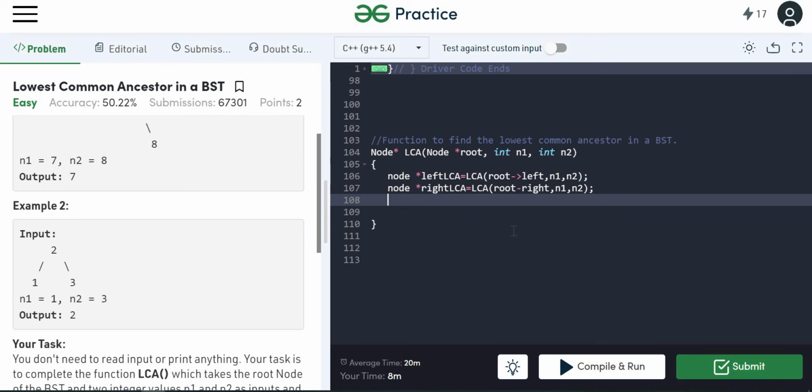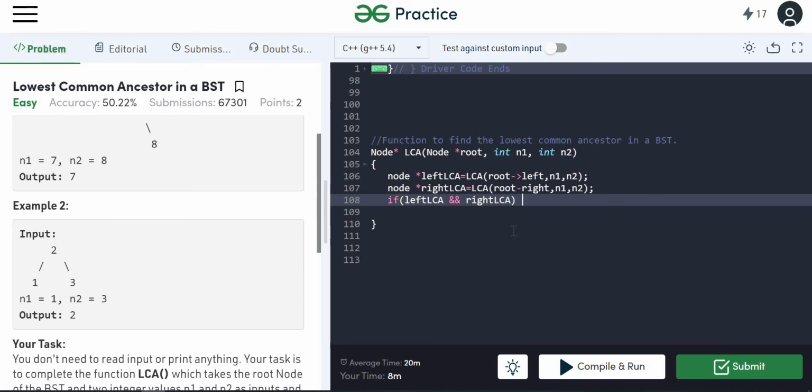After creating these nodes, we will keep traversing from root left to root right. I am starting from root, then traversing towards root left and towards root right. I'm conditionally checking if leftLCA and rightLCA are both null.